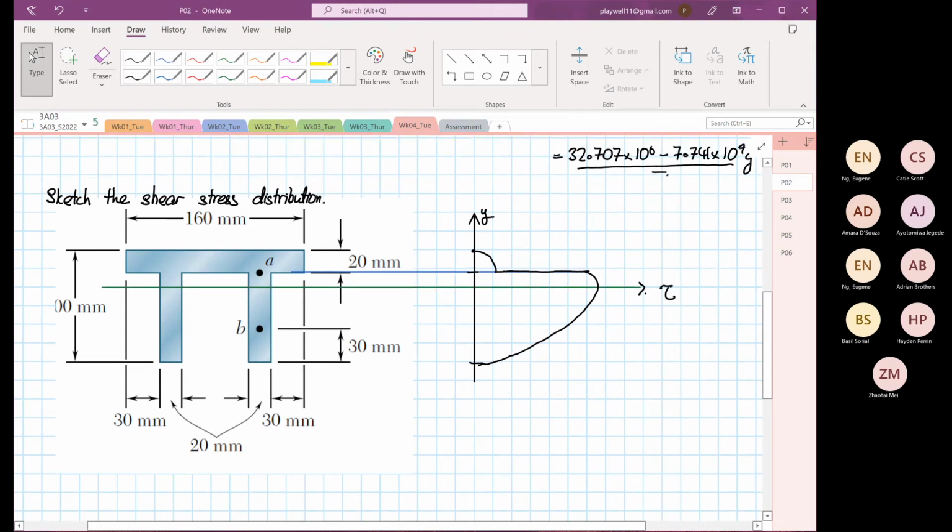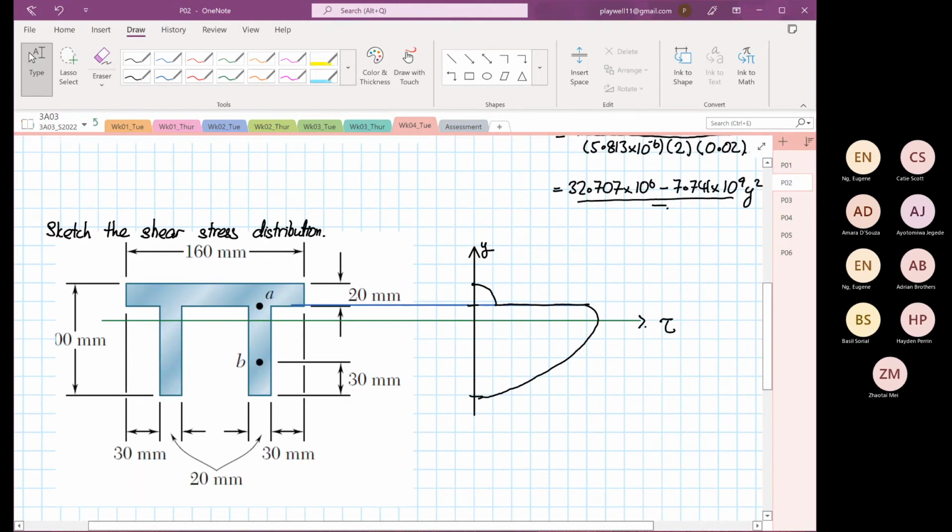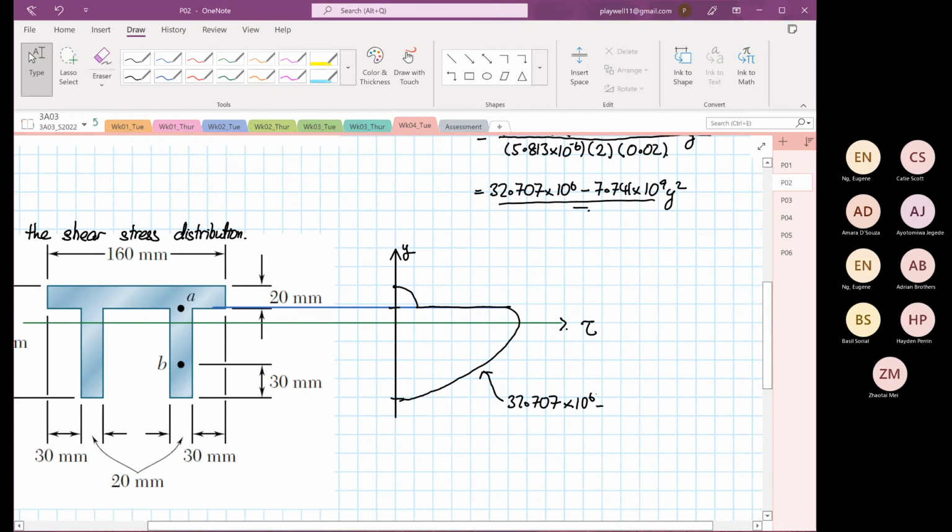And this function over here that you see, right? The function over here is equal to 32.707 times 10 to the power 6 minus 7.741 times 10 to the power 9 y squared.